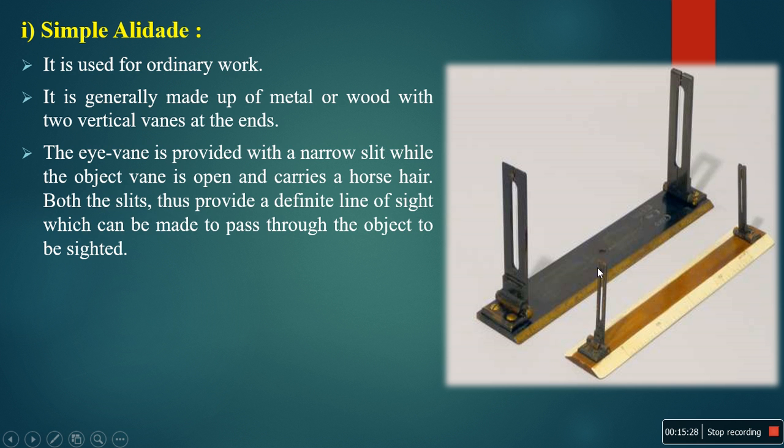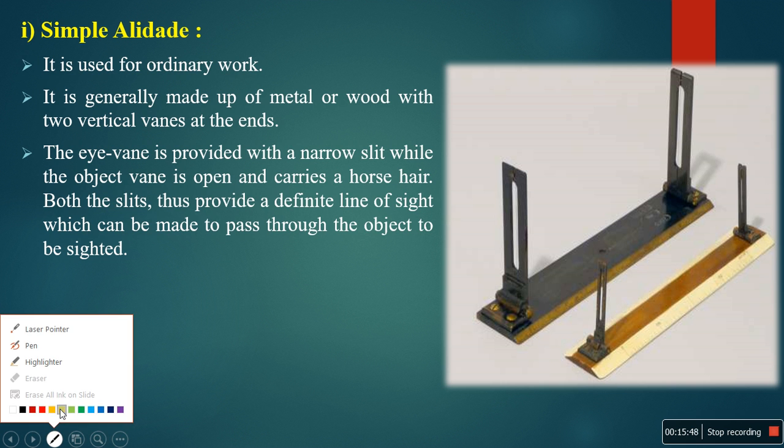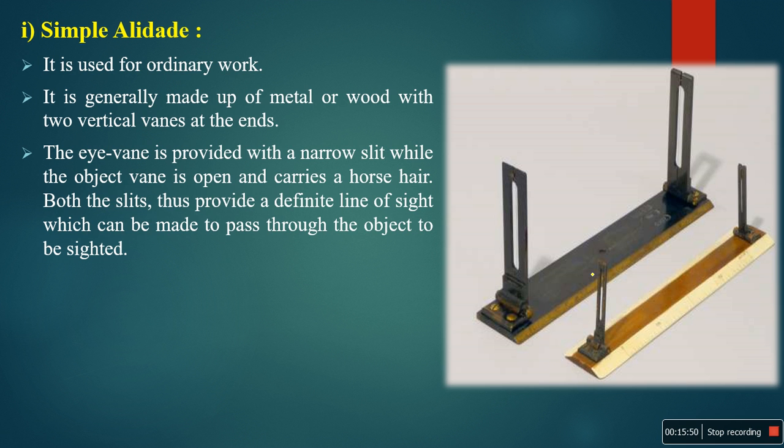But coming to this vane, it has a larger opening compared to the other vane. This is the object vane. At the center of this vertical hole, you have attached the horsehair, or simply a small vertical thread. So attach that.